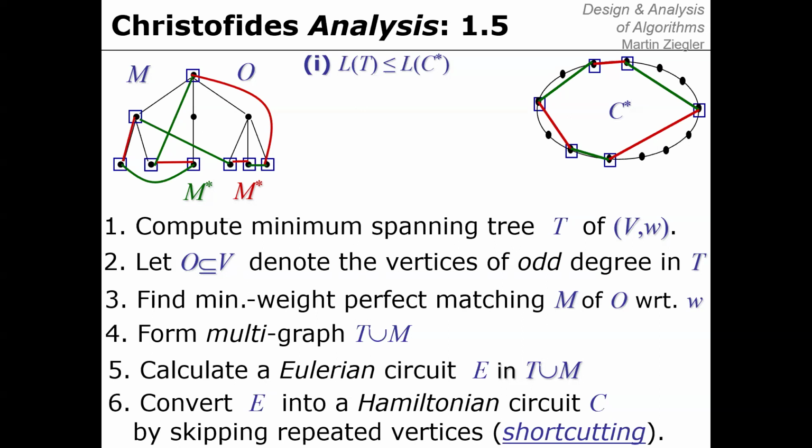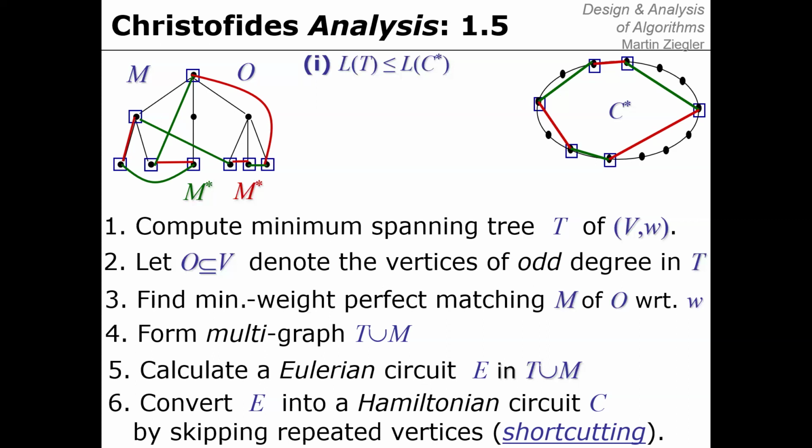So now we have 3 perfect matchings in the minimum spanning tree among the vertices of odd degree. The minimum weight one calculated in step 3, denoted by M in blue. The green one, which is not necessarily minimum weight, but which comes from the unknown optimal tour, denoted by green M star.